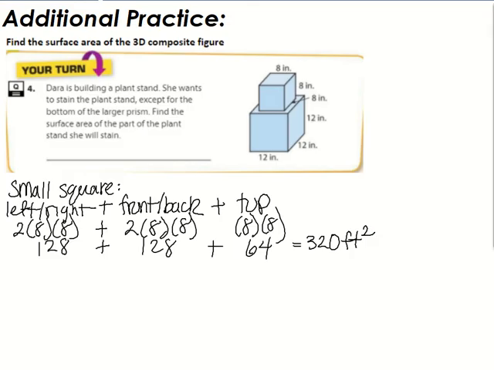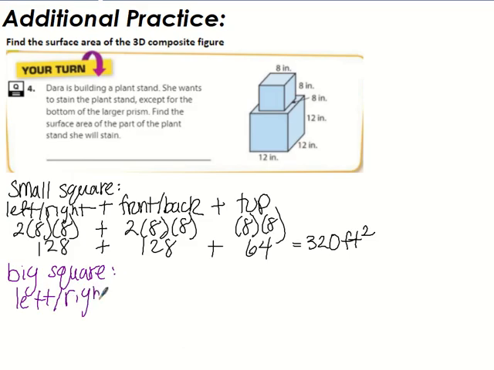So now let's do the big square. So again, left and right. So that's 2 times, now 12 times 12, because you can see it's 12 by 12.